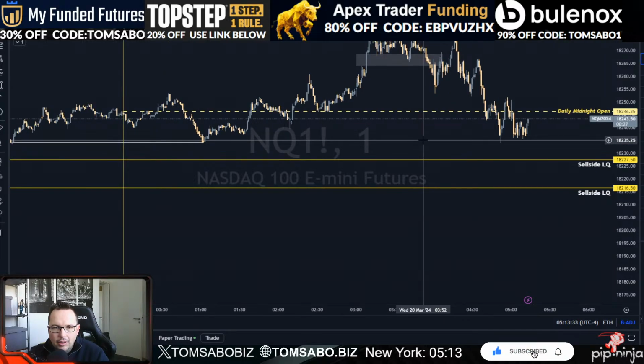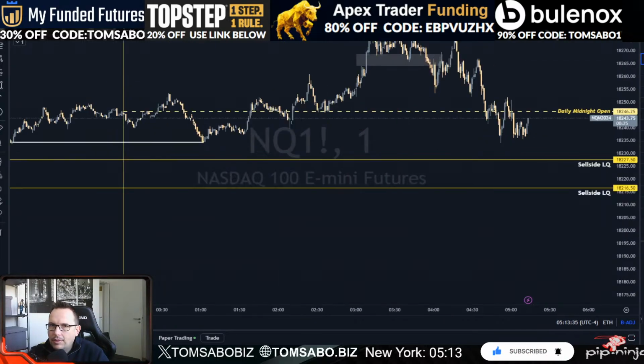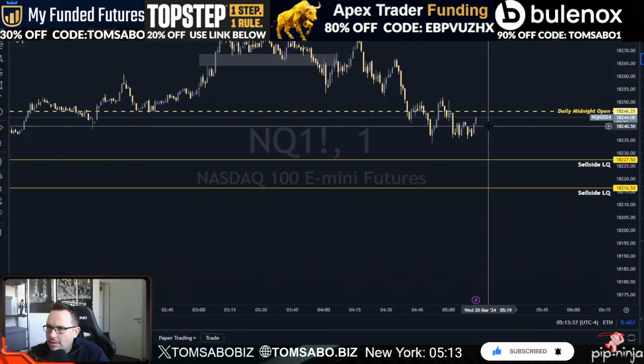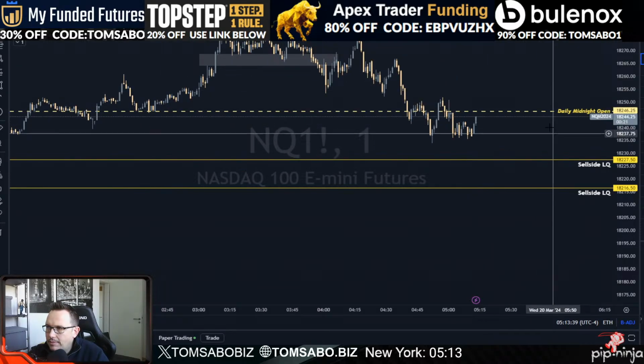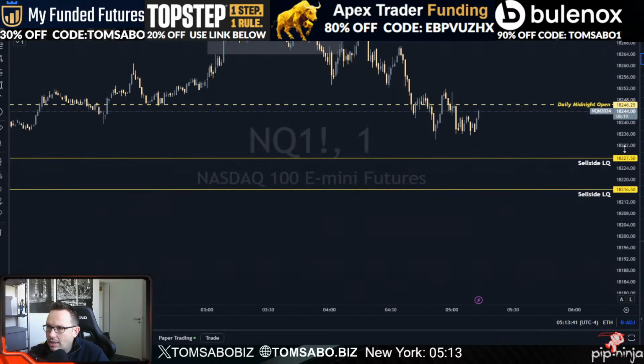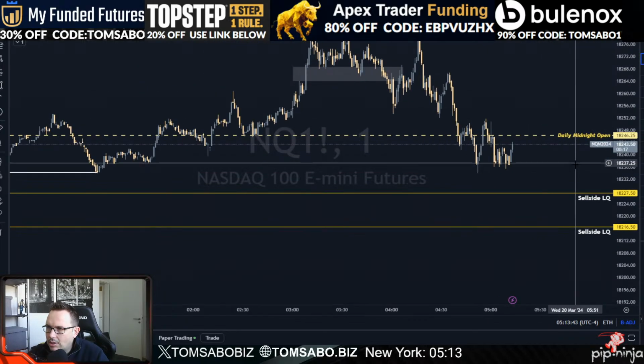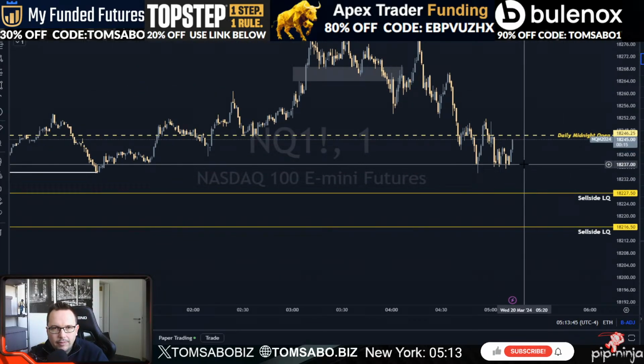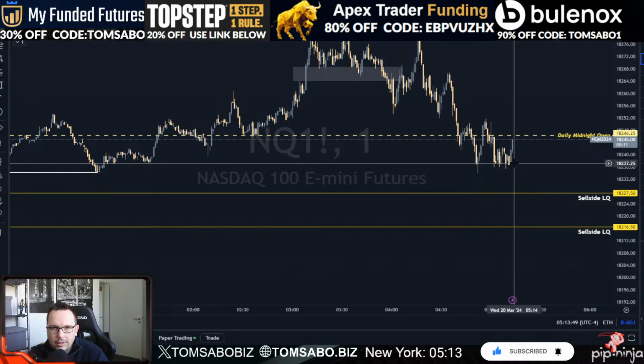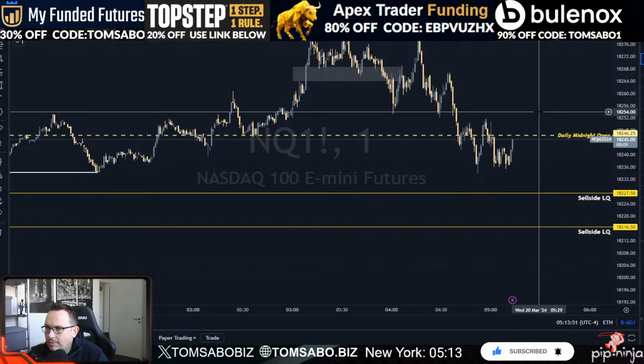Okay, it's going a little bit higher here. Rebalanced this price here. This candle is shifting a little bit of structure. Could be going higher here. No one knows.